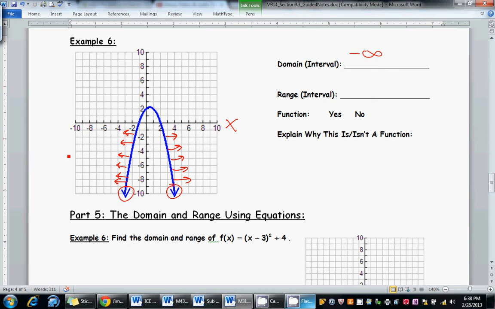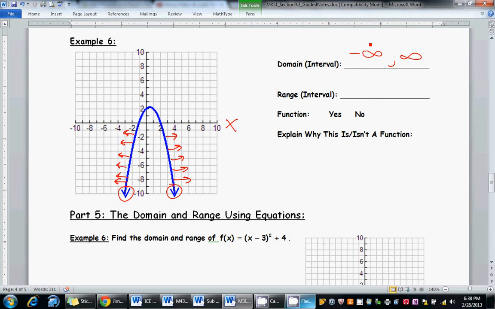So negative infinity is the smallest value of the domain. And in the other direction, what's the largest value? Well, it's going to keep branching out to the right, and that's never going to stop because I have this arrow down here. So, the domain here is negative infinity to infinity.